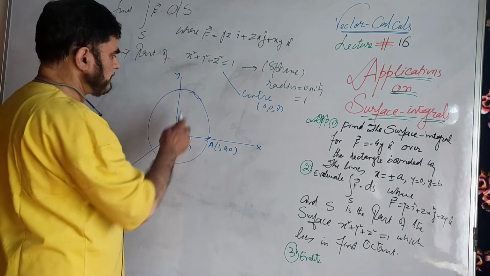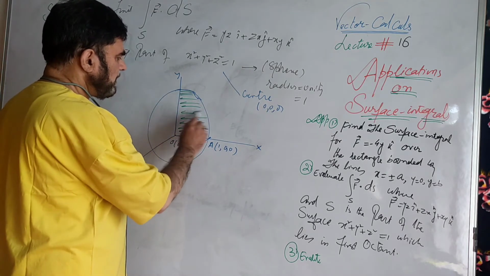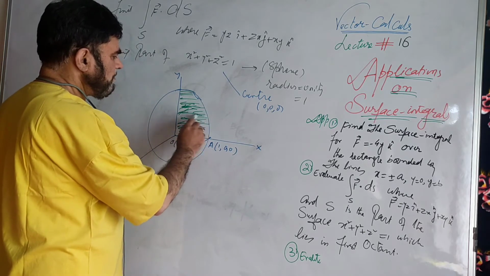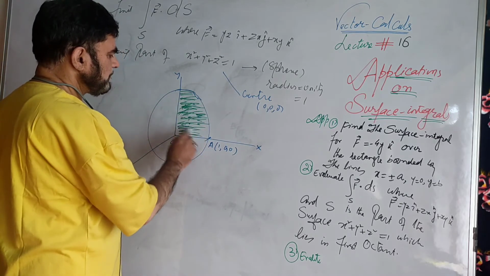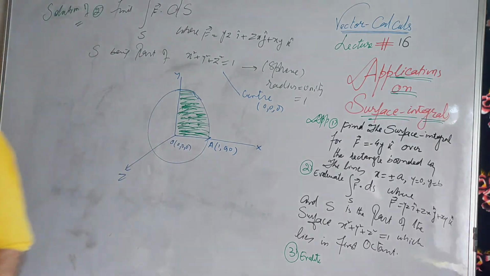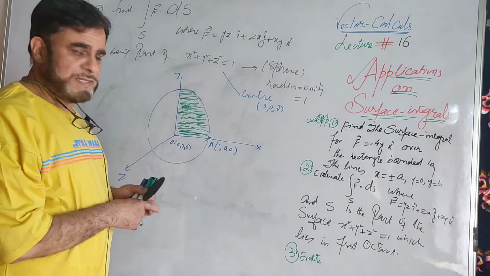Projecting in the xy plane, this is the part of the surface which you are projecting in this plane. You cannot project the full sphere. I will explain just a minute. Consider this as a sphere.